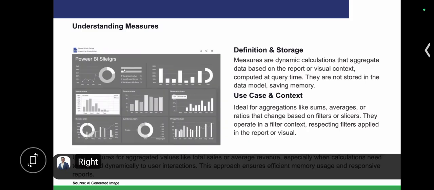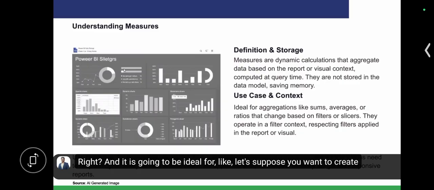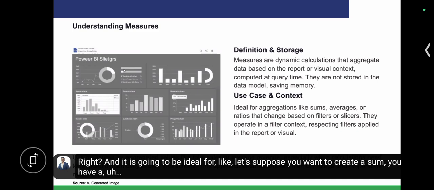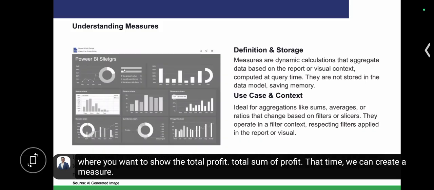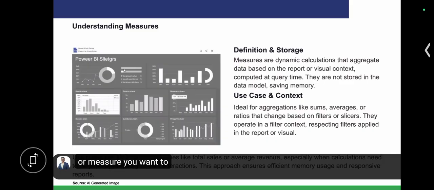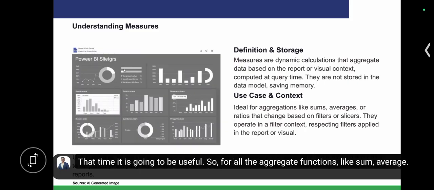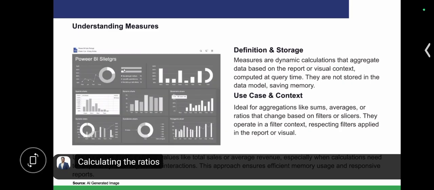It is ideal when, let's suppose, you have a profit column and you want to create a card showing the total sum of profit. That time we can create a measure, or a measure where you want to show total profit with some categories. It is useful for all the aggregate functions like sum, average, and calculating ratios, which can change based on the filters or slicers that we add.